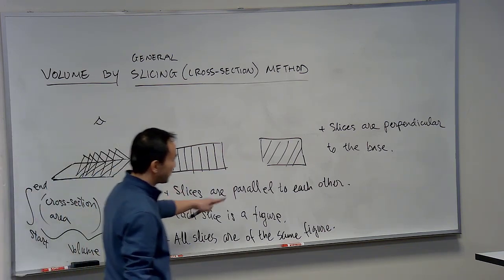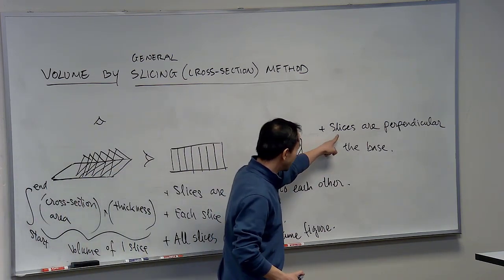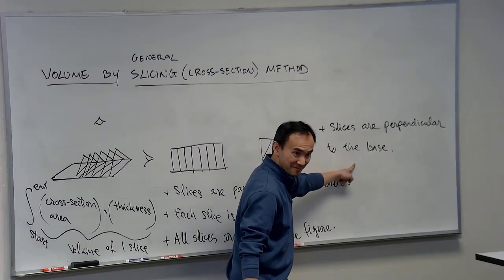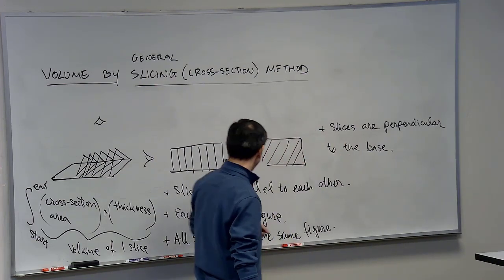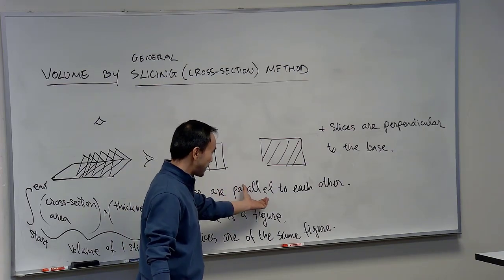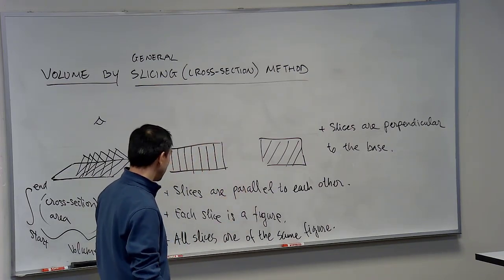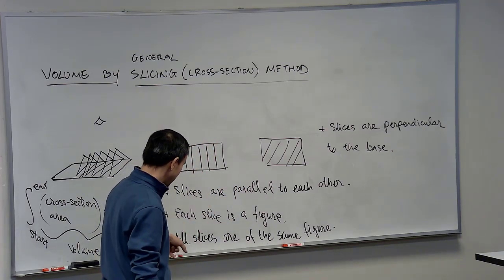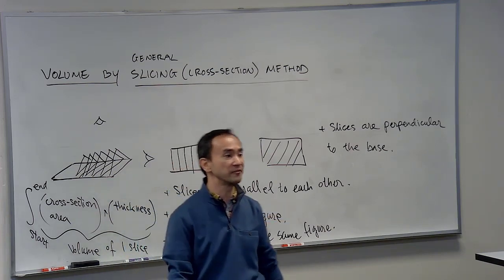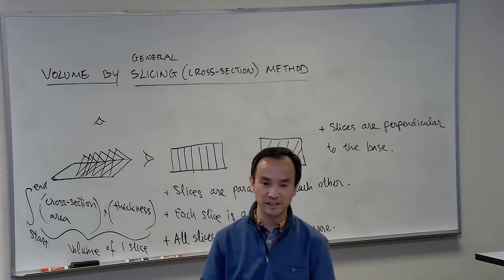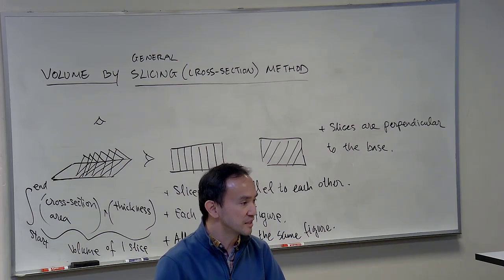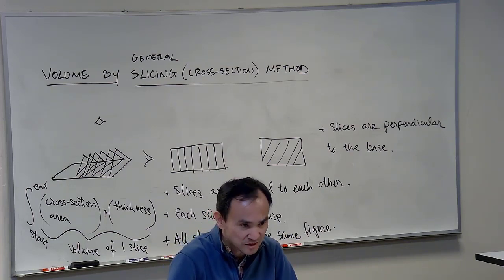And then these are some fundamental requirements. The slices have to be perpendicular to the base. Further on, the slices are always parallel with each other, and each slice is some kind of figure, and all slices are going to be the same kind of figure. They can all be rectangles, or all triangles, but they all have to be the same kind of triangle.